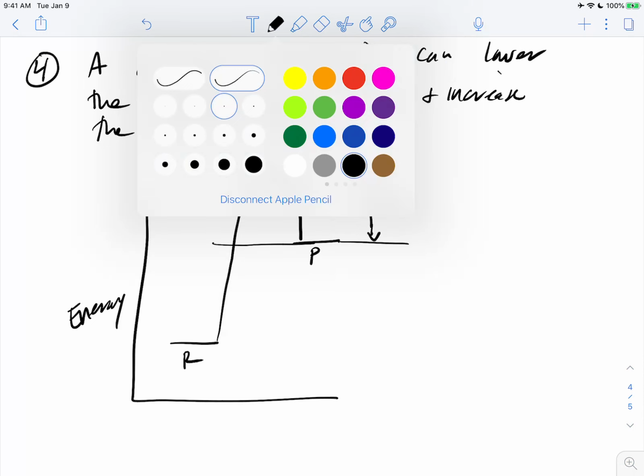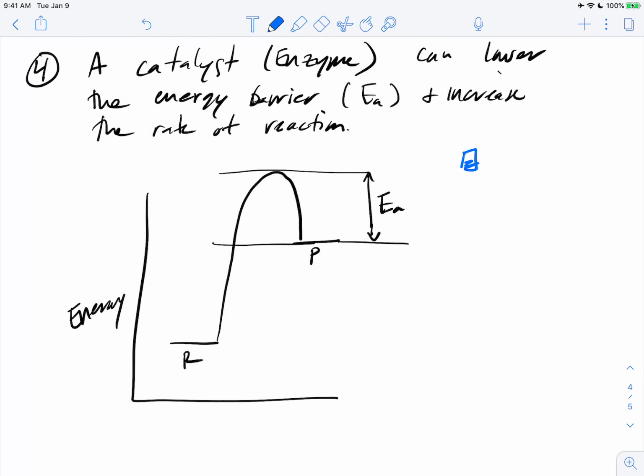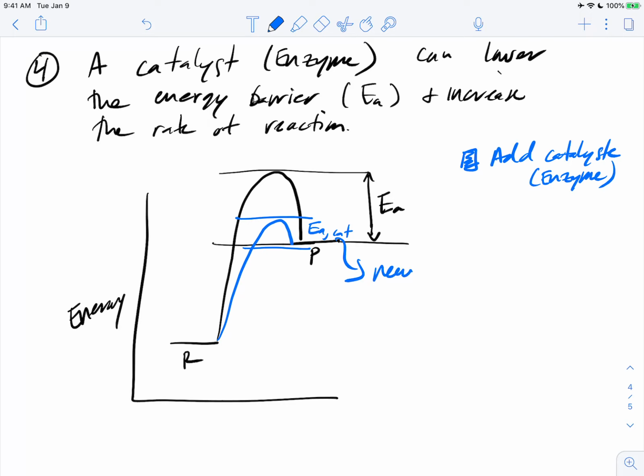And then if we add a catalyst, so this blue is adding a catalyst, which would be like adding an enzyme. Okay, we can use these terms interchangeably. Then we'll see that we don't change the reactant or product energy level, but we can make that hump much smaller. And so this right here, E_A catalyst, is the new activation energy with a catalyst.